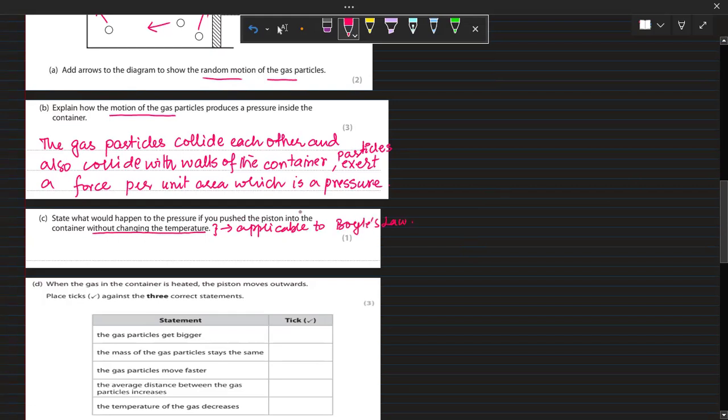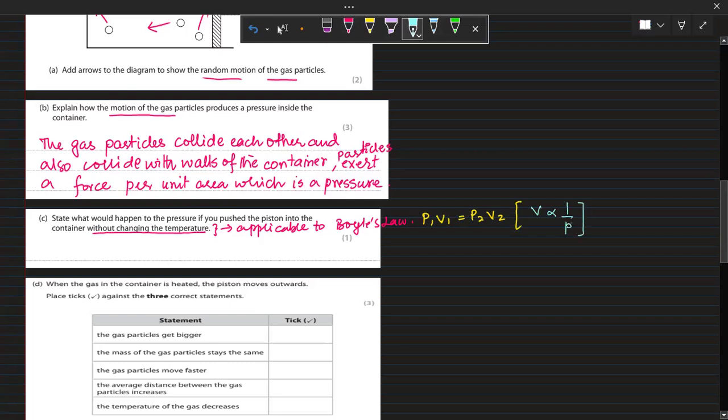The mathematical expression for Boyle's law is P1 V1 equals P2 V2, where the volume is inversely proportional to the pressure. If you increase the pressure, the volume of the gas decreases.